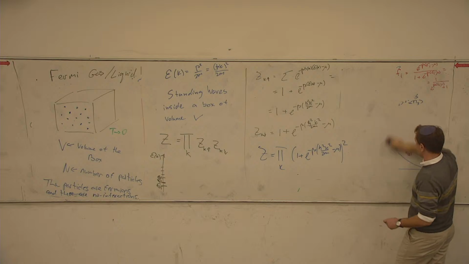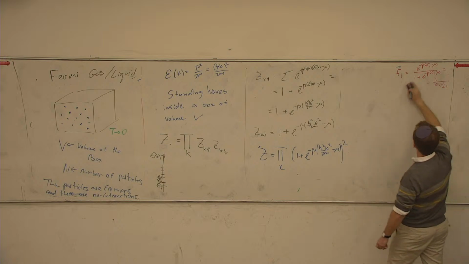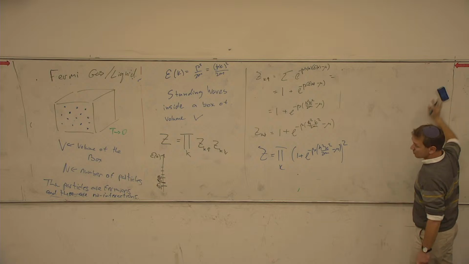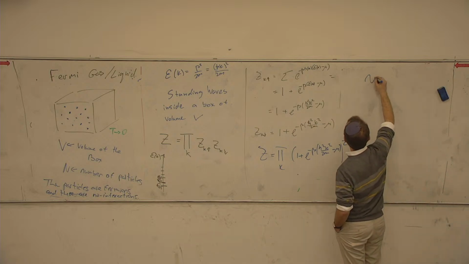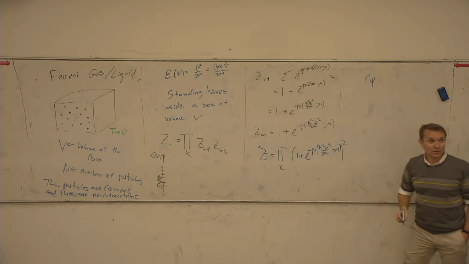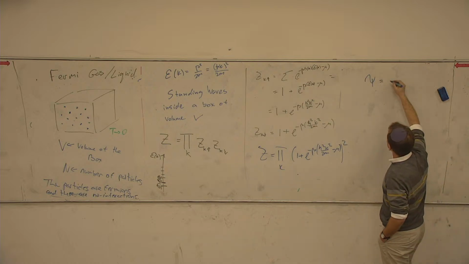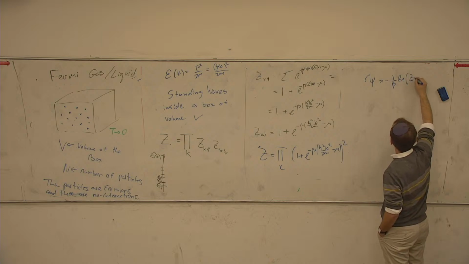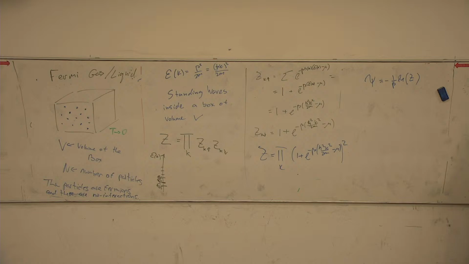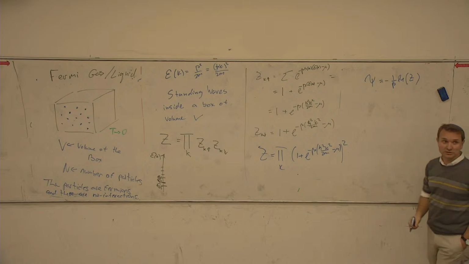Great. What happens next? We want to compute, for example, psi, which is minus 1 over beta log of Z. We want to compute the grand canonical potential. This is the standard way to go.